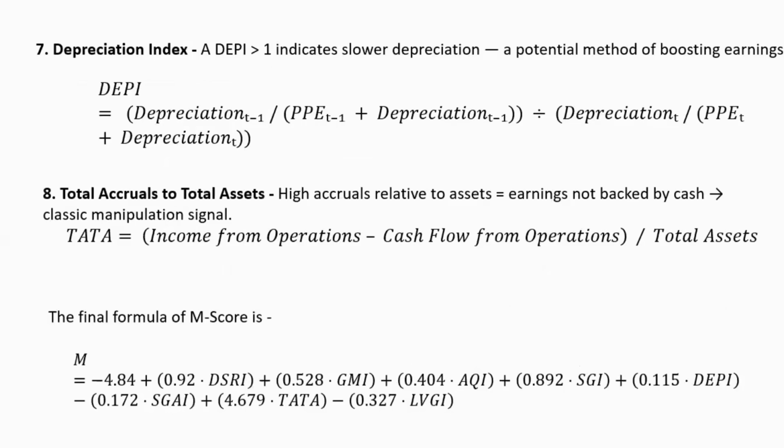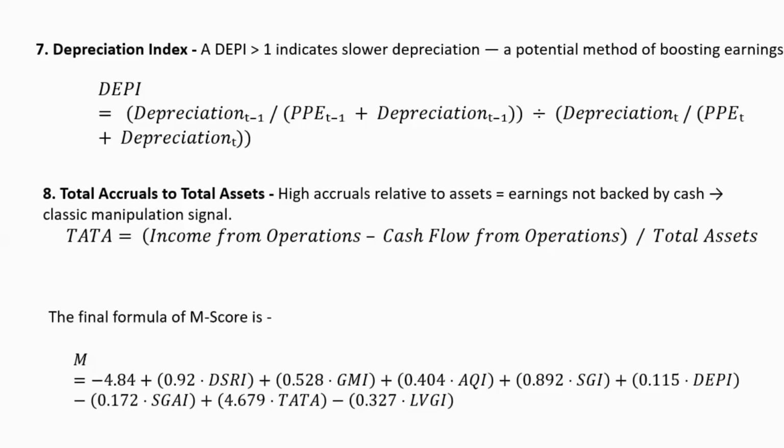A company might underreport depreciation, because you need to deduct depreciation in the income statement for the profit, right? So some companies might not deduct depreciation, hence boosting their profit by some margin.